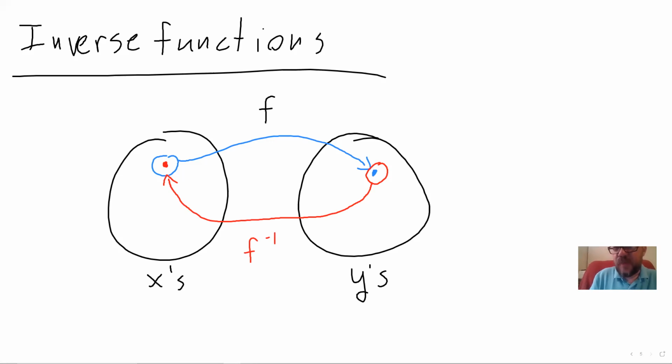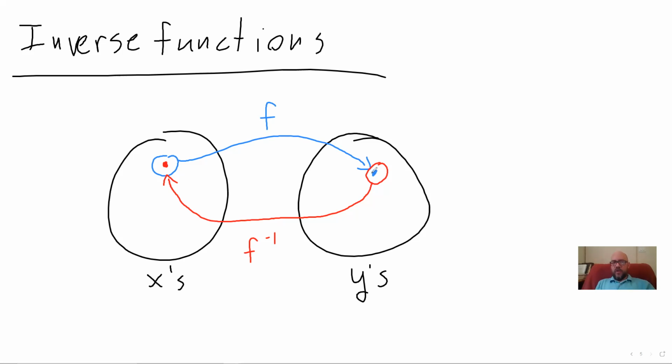This is not my smoothest presentation, but hopefully you get what I'm saying here. That's what I get for trying to color code things. So I start with one of my x's over here, I do f to it, and f turns it blue, makes it a y.